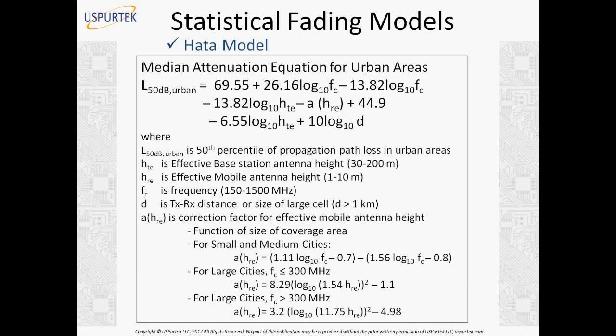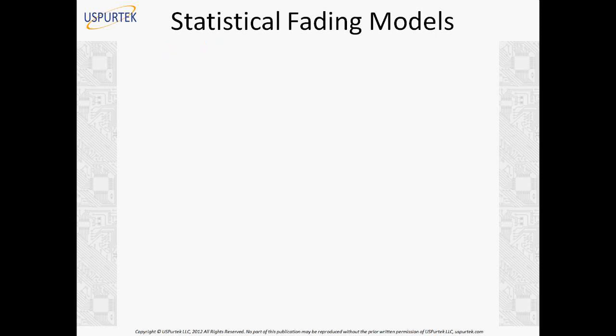So you have the center frequency, range, the distance, the base station height, mobile height, and then some correction factors. So here you see for small and medium cities, for large cities, and for large cities more than 300 megahertz, you have different correction factors here which need to be calculated. So here I am only showing you the results. These are mathematical results which are of practical use in our real situations.